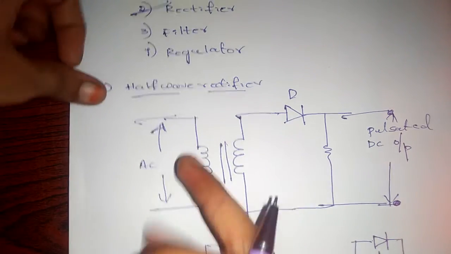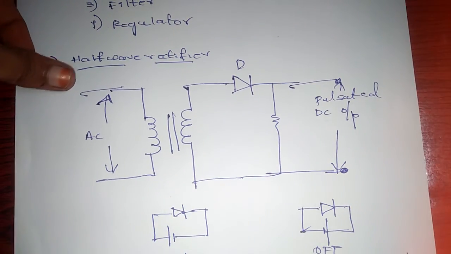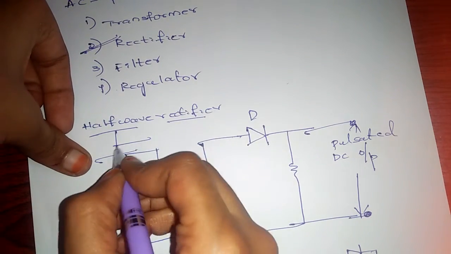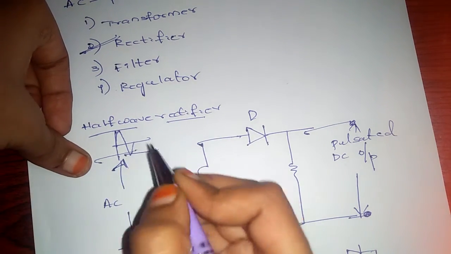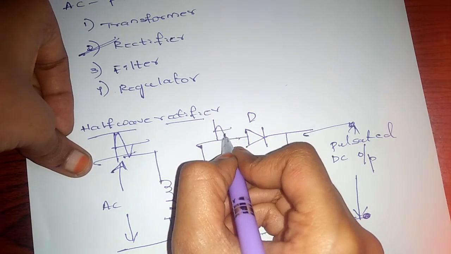We are not giving plus or minus voltages like that, but here, let's look, the input is in this form, and the output of this transformer goes to this.